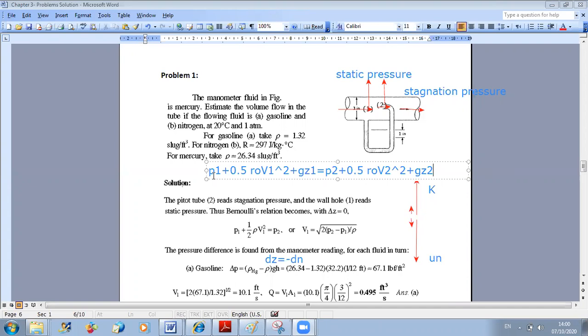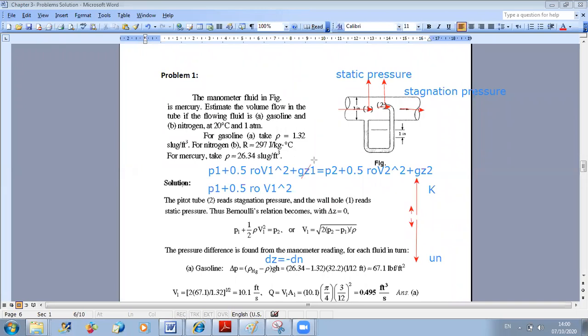So I will write P1 plus, for V1, the velocity in 1, which is the velocity that I should calculate. So I should find what V1 is. I will keep this term 0.5 times rho times V1 square. Now, since points 1 and 2 are at the same horizontal level, these two terms will cancel out, because they are equal.